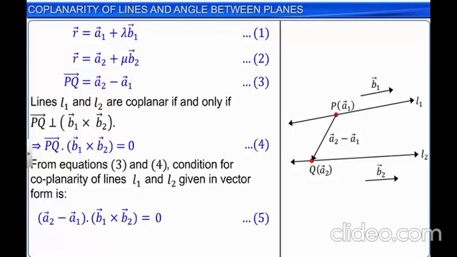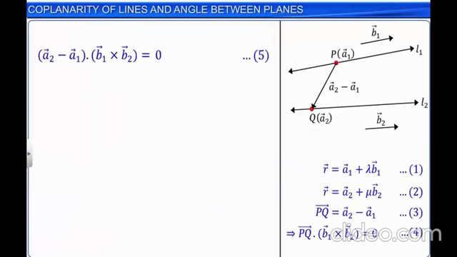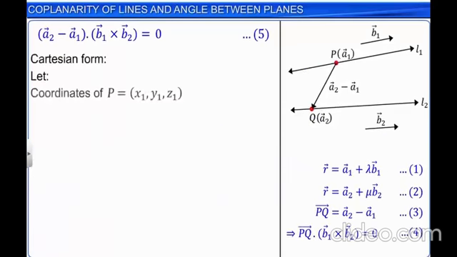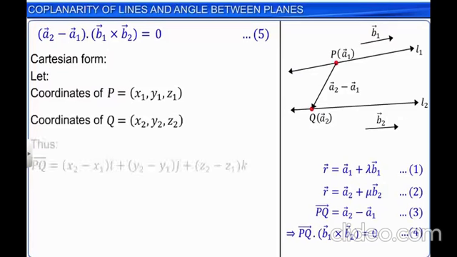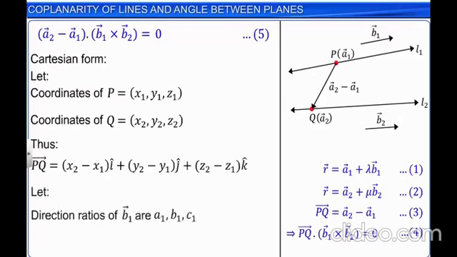Now, let us derive the condition for the coplanarity of lines L1 and L2 in Cartesian form. Let the coordinates of points P and Q be as shown. Thus, we can write vector PQ as shown. Let the direction ratios of vectors B1 and B2 be given.